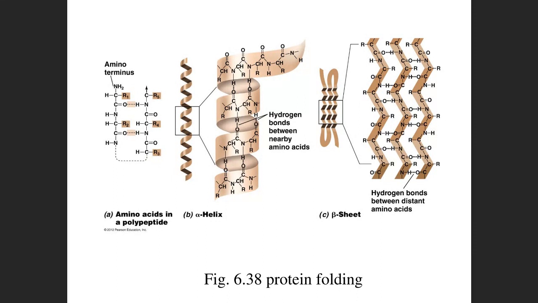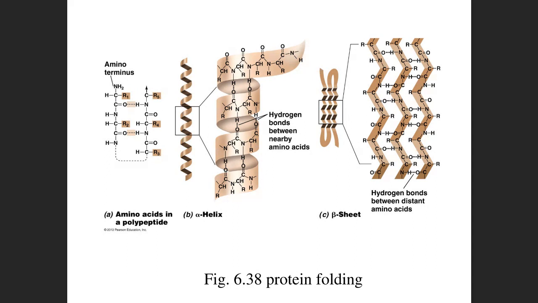They come out in a sequence, and depending on the location of the amino acids, they form different types of interactions. And so then they can form secondary structure. The basic secondary structure is helix and sheet. And this is all determined by the sequence of amino acids.